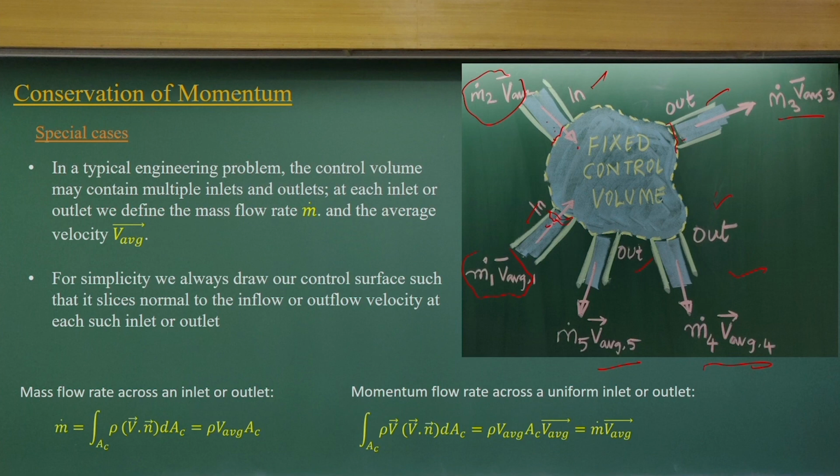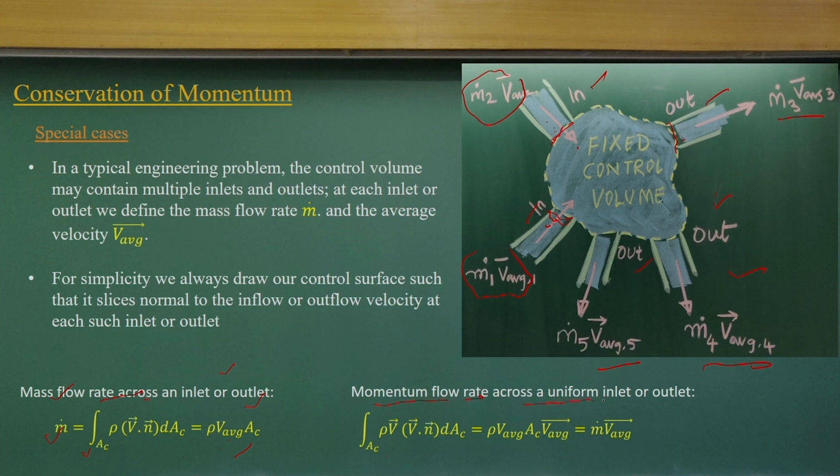If I am considering that velocity distributions or velocity variations are there, then for the mass flow rate across this inlet and outlet we can have surface integrals to find the mass flux. It will be rho times V average times Ac. In a similar way we can find the momentum flow rate, the momentum flux.